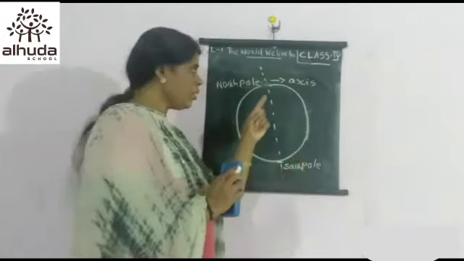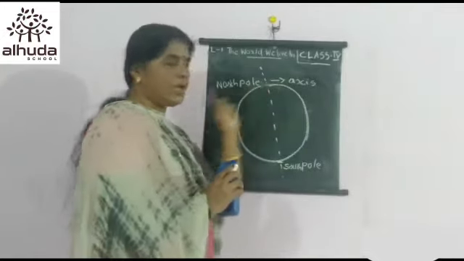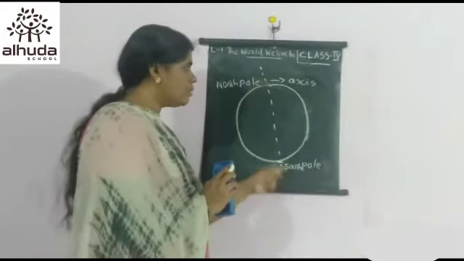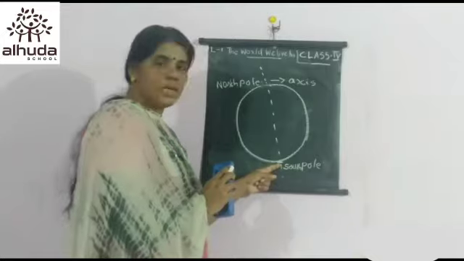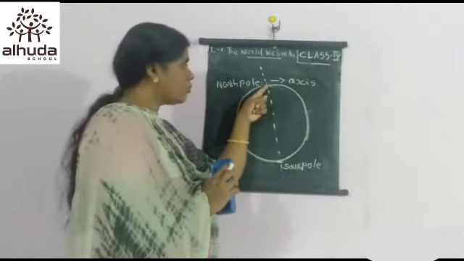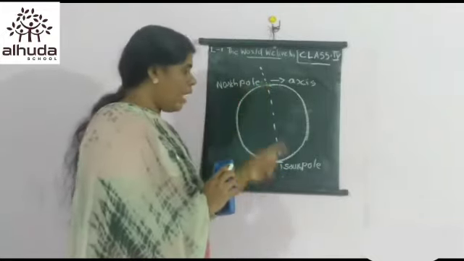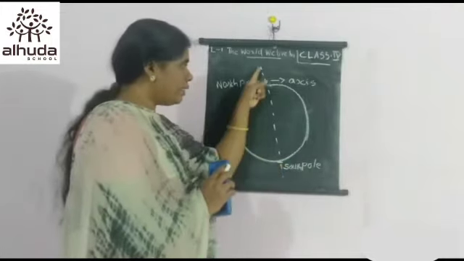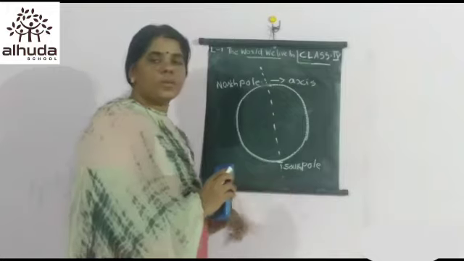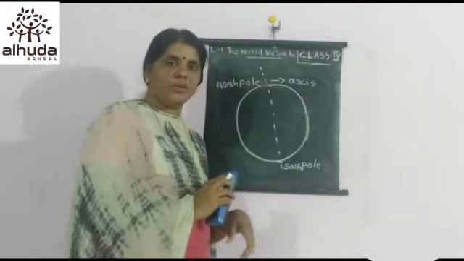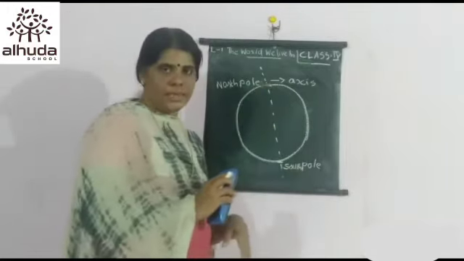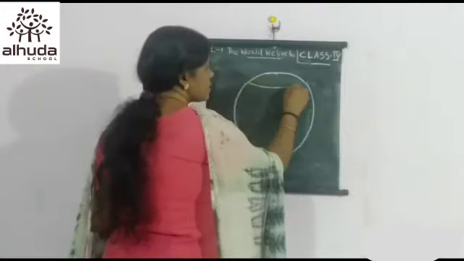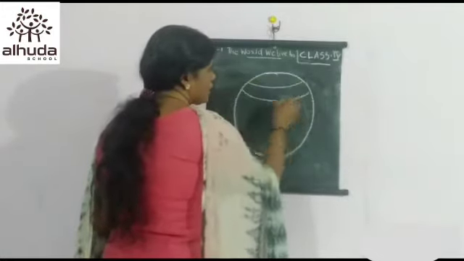It is a round shape, and the poles are the end points of the earth. The topmost portion is the North Pole, and the bottommost portion is the South Pole. And the imaginary line passing through the center is called the axis.